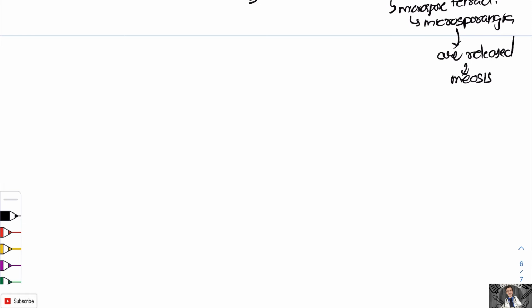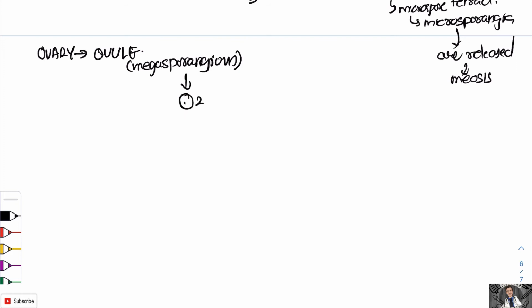Like in gymnosperms, we saw a megaspore mother cell, and it was the only diploid cell that underwent meiosis to form the female gametophyte. Even here, within the ovary and within the ovule, which is the megasporangium, only one diploid cell undergoes meiosis, and it's known as the MMC, megaspore mother cell.